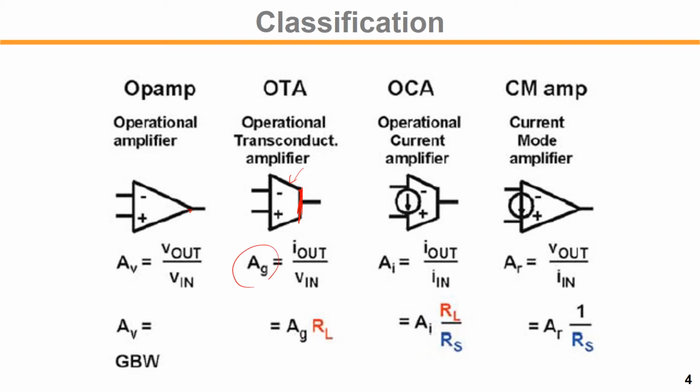So its gain is transconductance, GM. The OCA, operational current amplifier, takes the current input and generates the current output. So this is the current gain. And the current mode amplifier has current input and voltage output.